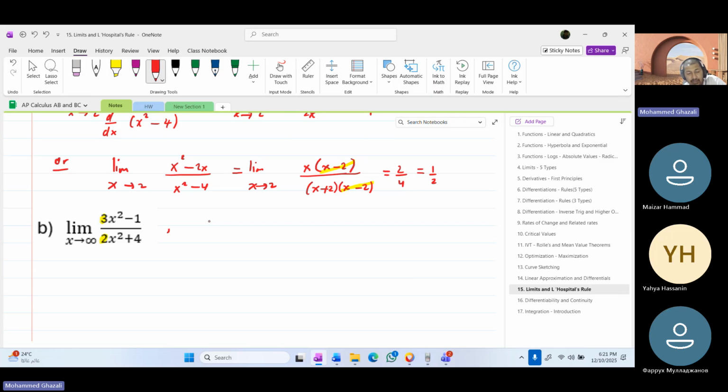But you can apply L'Hopital's rule because when we directly substitute infinity inside, we get 3 times infinity squared minus 1, which is infinity, and 2 times infinity squared, that's also infinity.